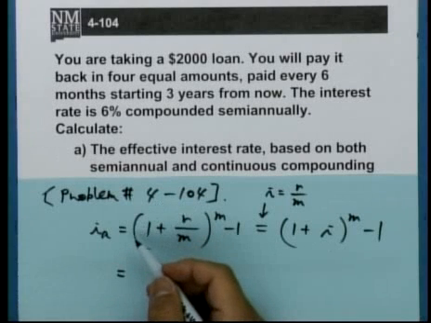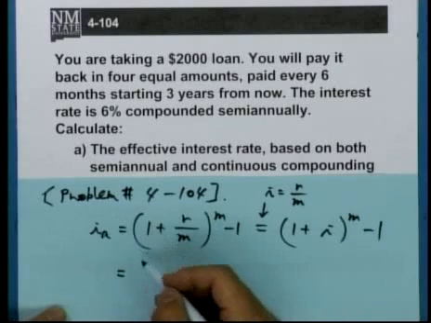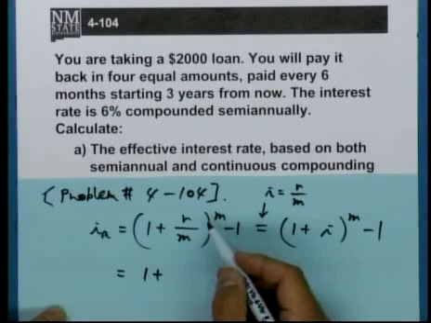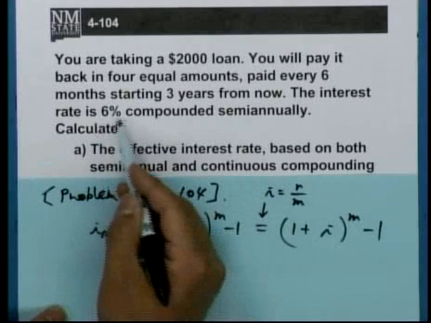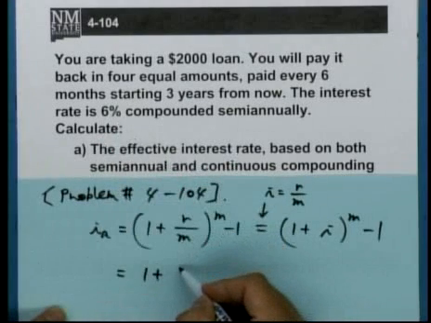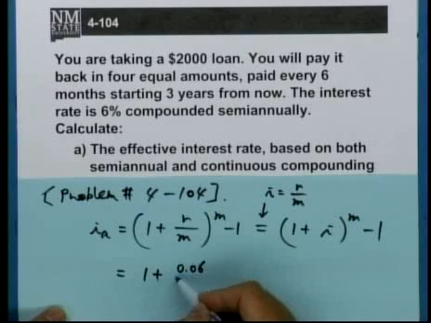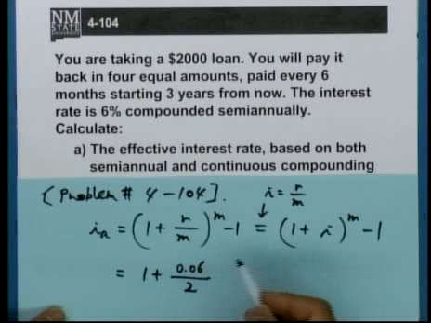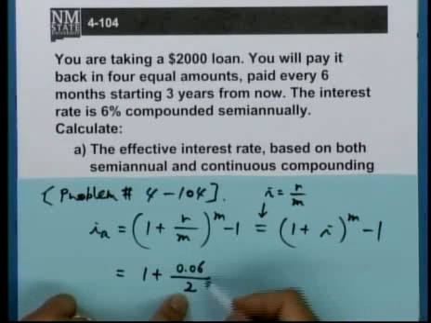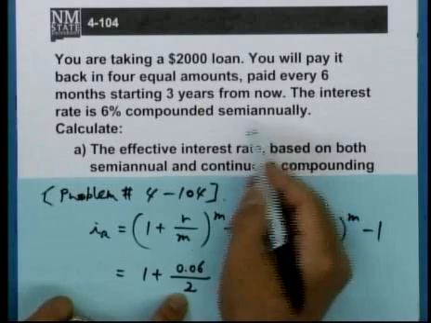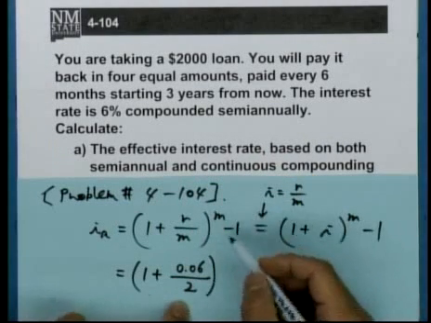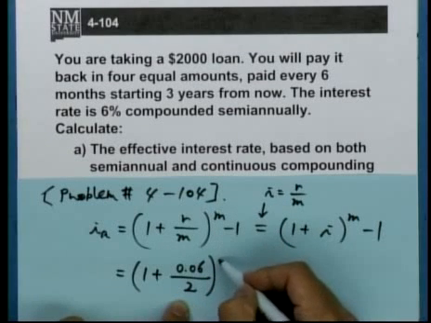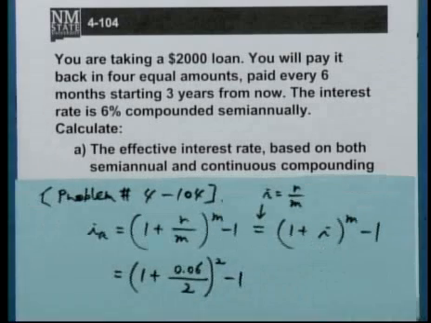So here we have 1 plus R. R is how much? It's 6%, right? So it's 0.06 divided by M. What is M? In this case, it's going to be 2, because there are 2 semi-annual periods in a year. And to the power M again, which is 2, minus 1.